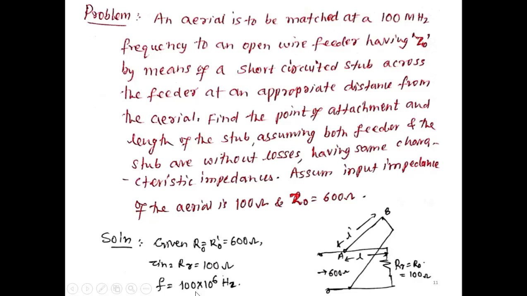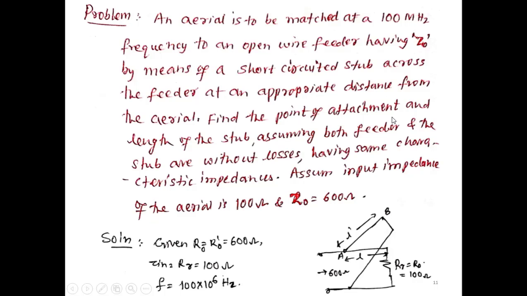Next, we will solve one problem. An aerial or antenna is to be matched at a 100 MHz frequency to an open wire feeder having characteristic impedance Z0 by means of a short circuited stub across the feeder at an appropriate distance from the aerial.